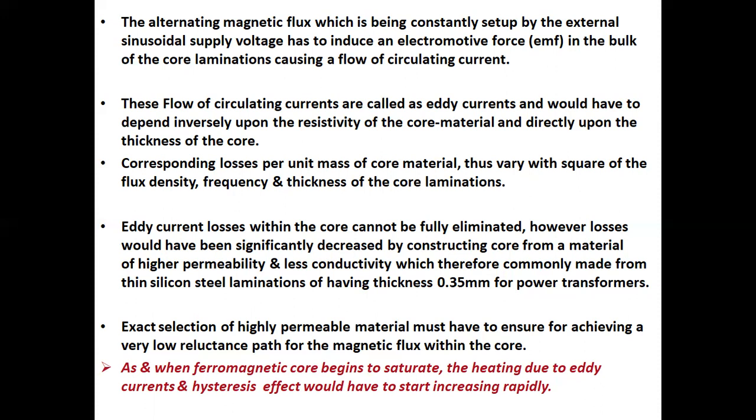Exact selection of highly permeable material must ensure a very low reluctance path for the magnetic flux within the core. As and when the ferromagnetic core begins to saturate, the heating due to eddy currents and hysteresis effect starts increasing rapidly.